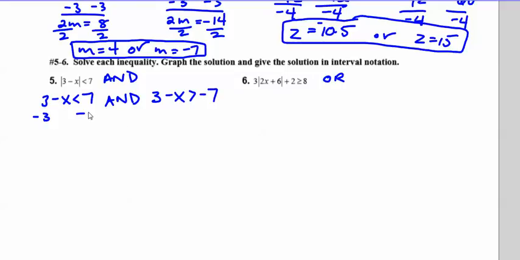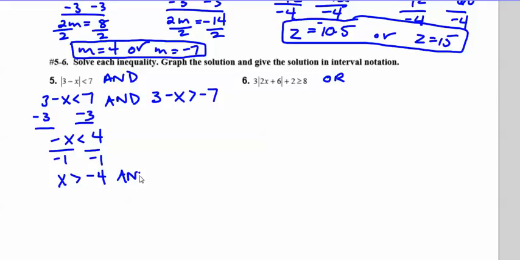Subtract 3 from both sides, and negative 7 is less than 4, and then divide by negative 1, and I get x is, when you divide by a negative on both sides, you need to flip your inequality, so I get x is greater than negative 4.